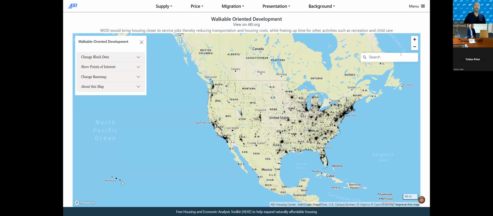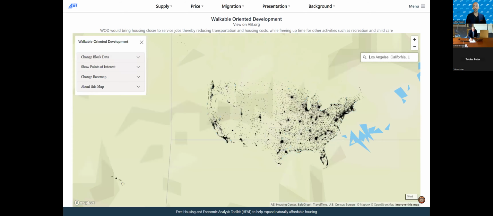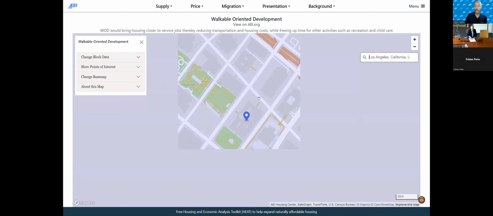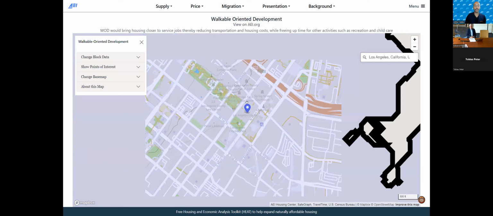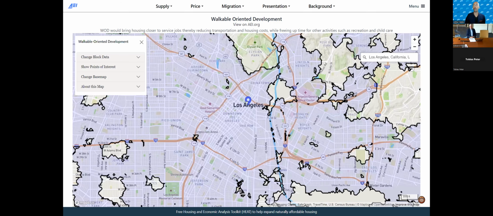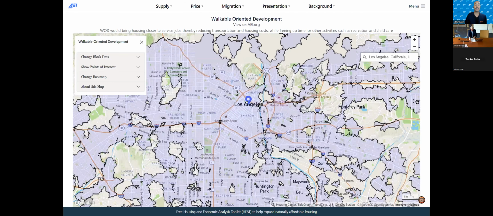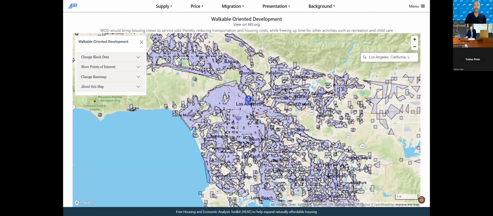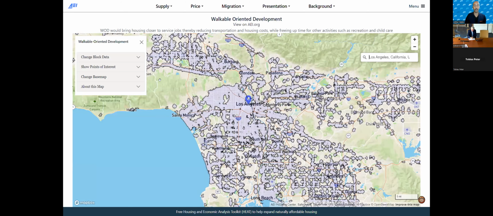Thank you, Ed. And like with the rest of this presentation, we are going to zoom into Los Angeles City. So I'm just zooming into there, and then we'll give a brief overview of what Walkable Oriented Development is, how it works in our application, and the various benefits it provides as a policy tool. So right now we're looking at the broader Los Angeles metro, and on the map you can see we have these blue polygons interspersed throughout the metro area.